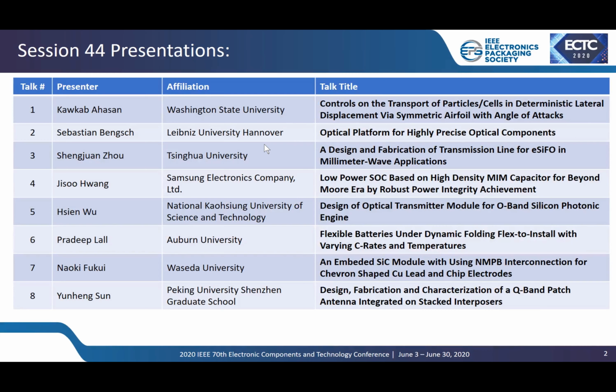Our second talk is titled Optical Platform for Highly Precise Optical Components, presented by Sebastian Bench from Leibniz University, Hanover. Our third talk is titled A Design and Fabrication of Transmission Line for ESIFO in Millimeter Wave Applications, presented by Shengjuan Zhu from Tsinghua University.